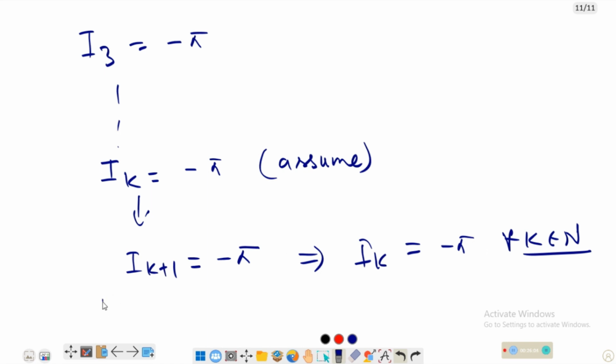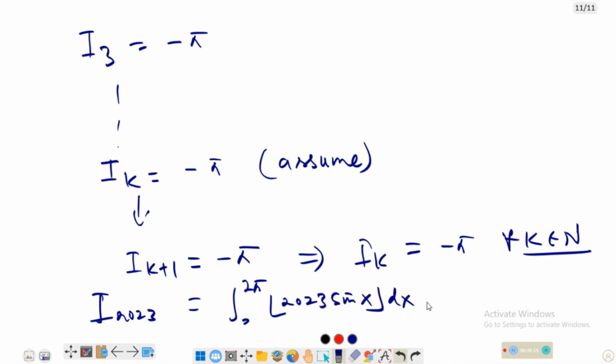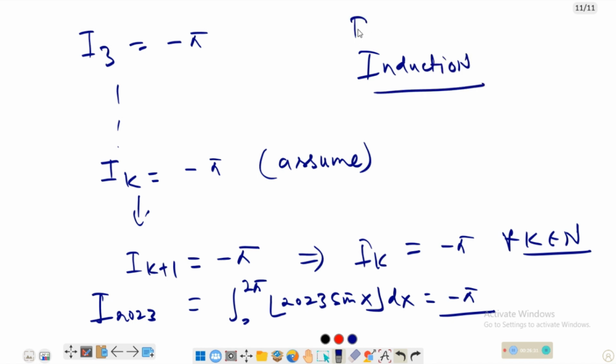So I2023, the integral from 0 to 2 pi of greatest integer of 2023 sine x dx, is equal to minus pi. Here you need to work out the principle of mathematical induction, PMI. So you need to work on it.